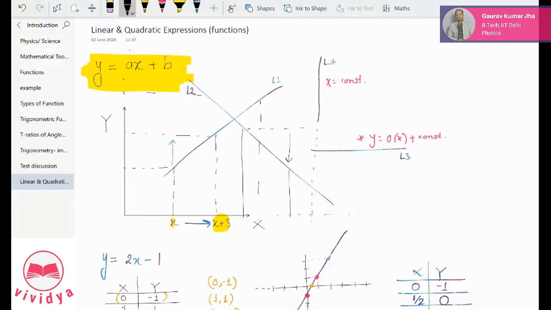In L1 types of line, if X increases, Y increases. When will that happen? What should be the value of A in general?